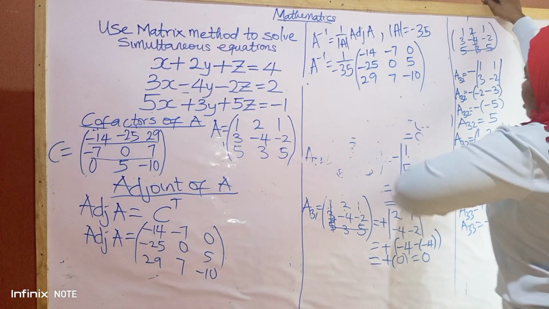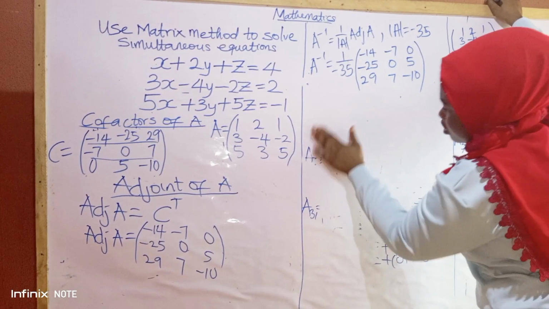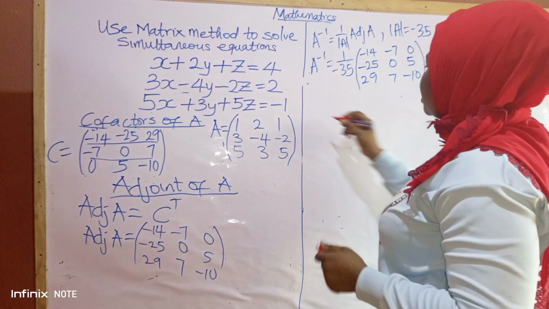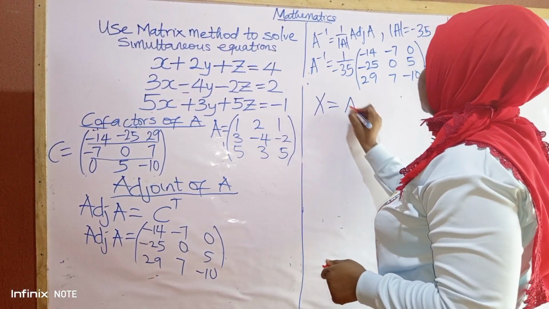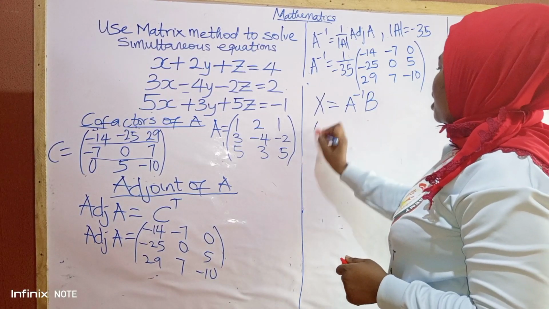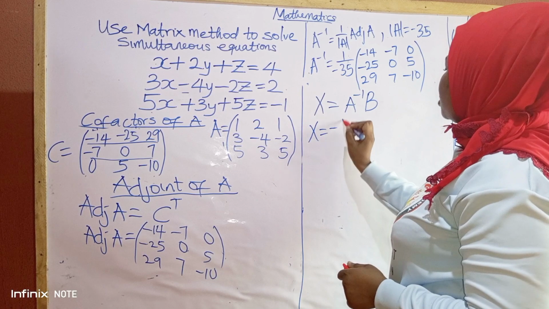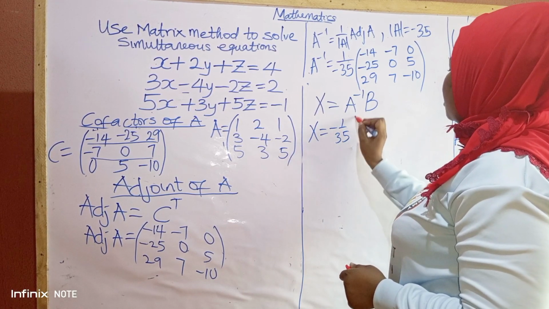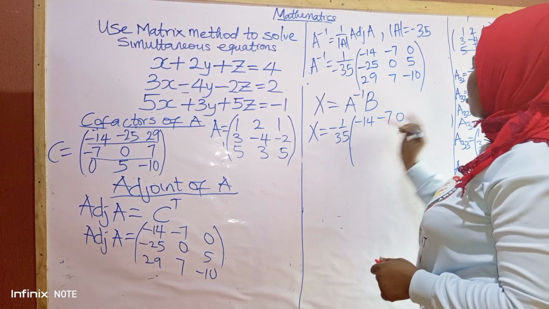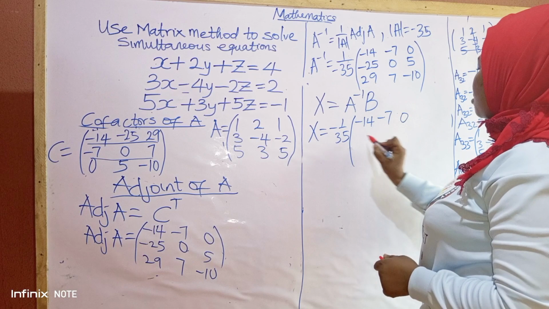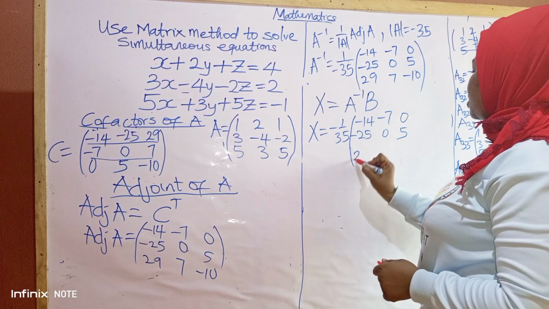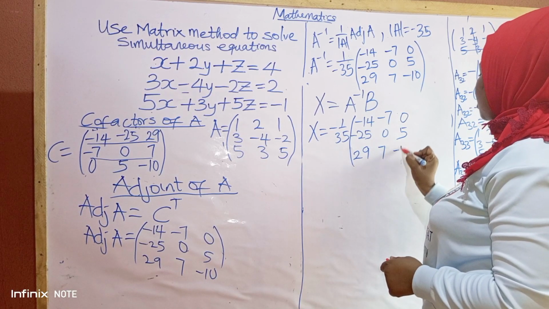So the next thing that we need to find now is our x, because we have gotten the inverse of A. And recall that x is equal to inverse of A multiplied by B. So from here, our x will just be minus 1 over 35 multiplied by minus 14, minus 7, 0, minus 25, 0, 5, 29, 7, minus 10.